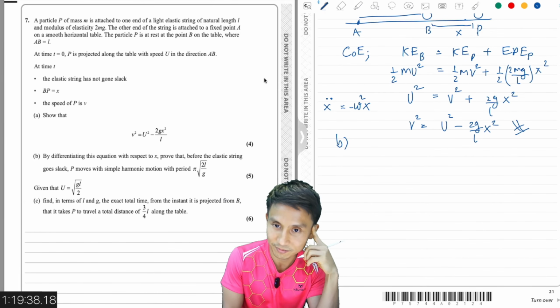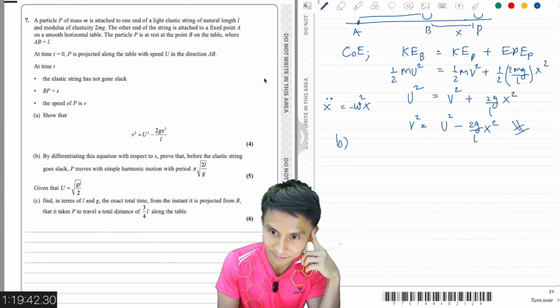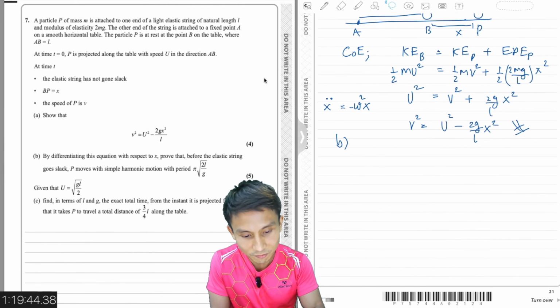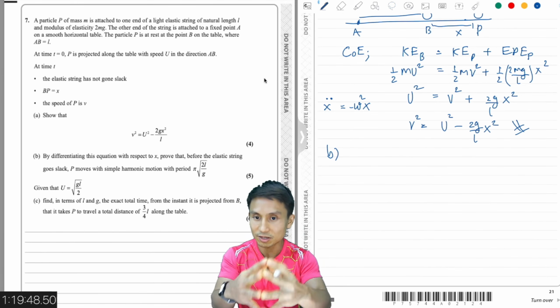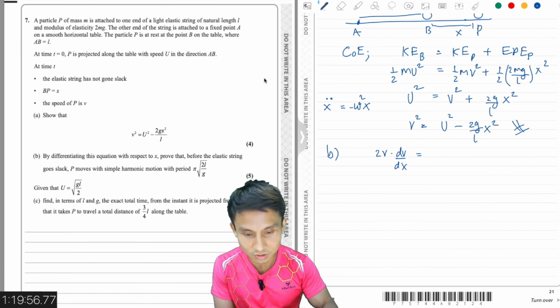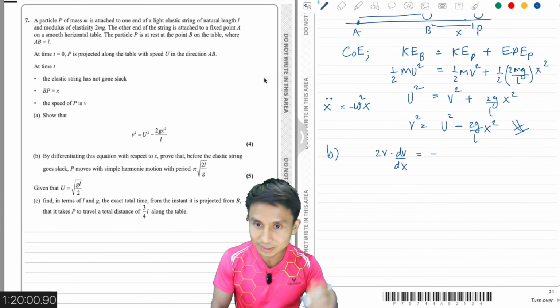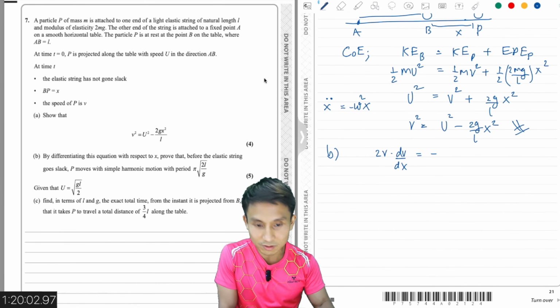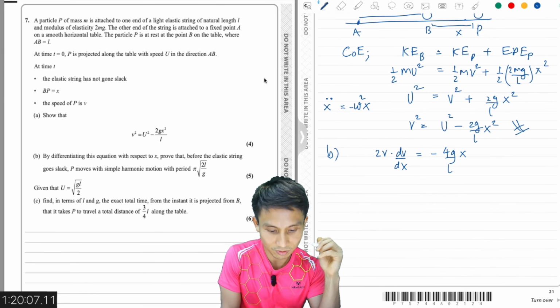So if we do implicit differentiation, differentiating with respect to x, we get 2v dv by dx equals, well, u squared goes to 0 because u is a constant, so minus 4g over L x.